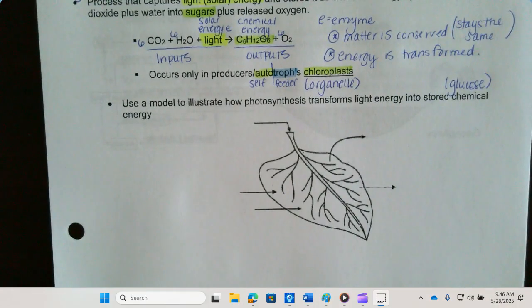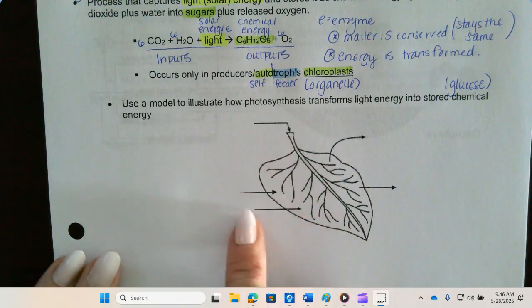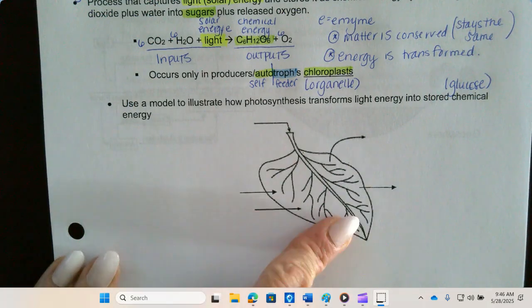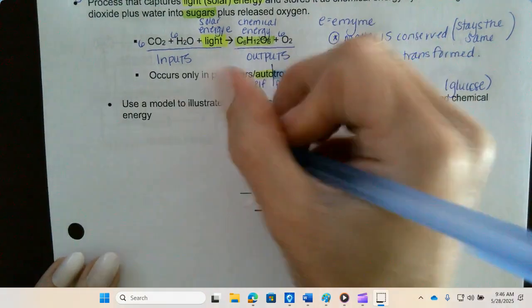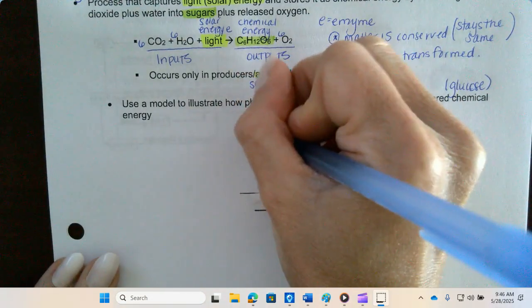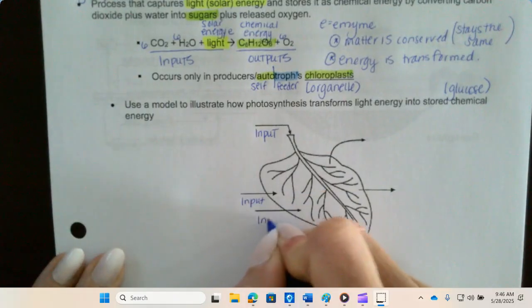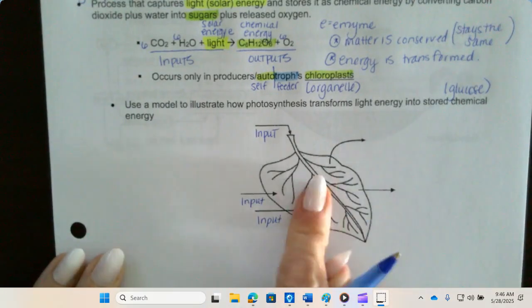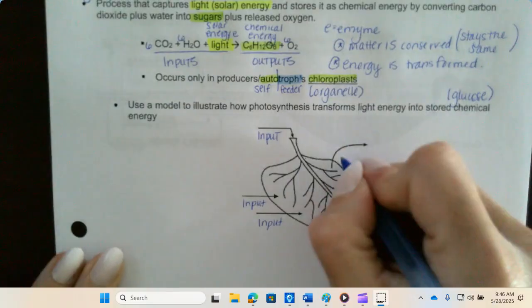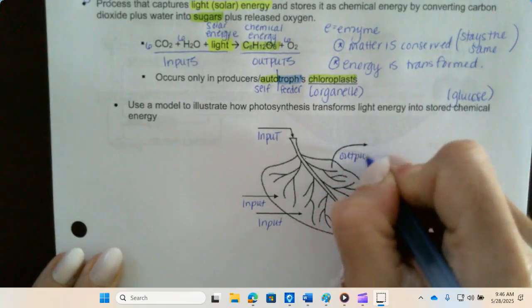The more times you practice replacing the words, the easier it'll be on test day. The one thing we want to do here is follow the arrowheads. These arrowheads are all going in, so therefore I know those are all going to be an input. These arrows are all going out, so I know all of those are going to be an output.